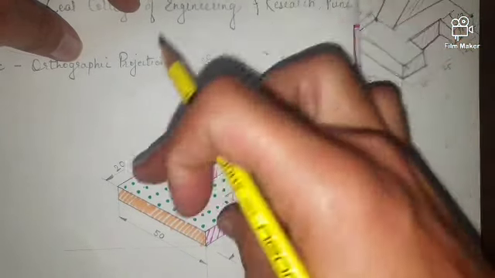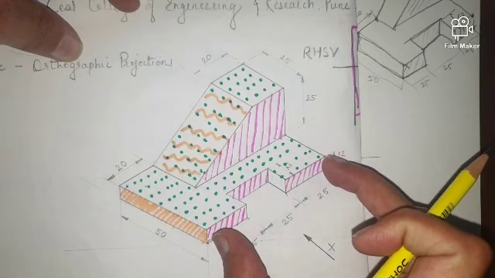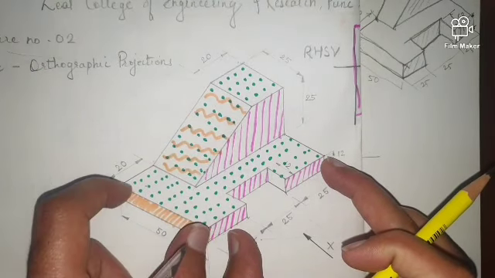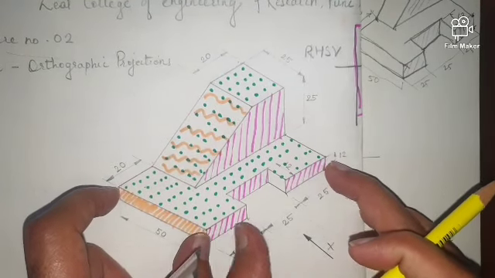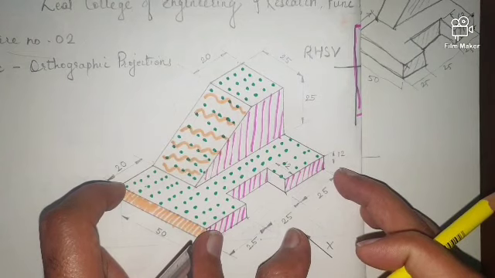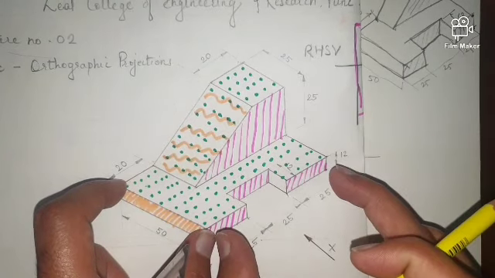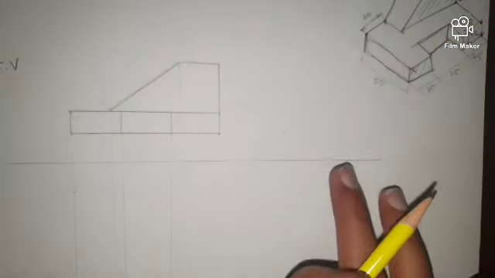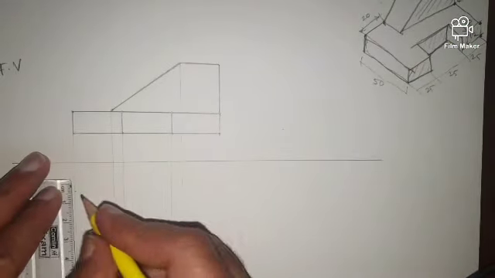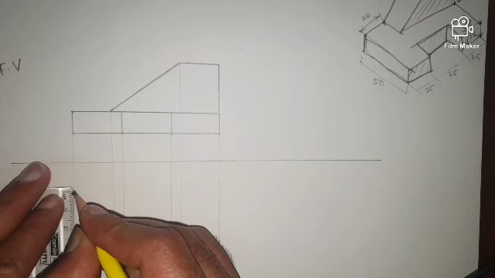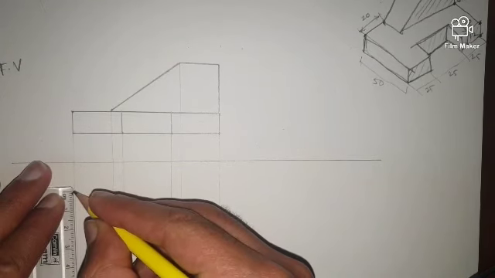The dimension is 50 by 75, right? The total size is 50 by 75. So you'll have to draw a block of 50 right here in the top, right? So 50 by 75. So from this point we'll make 50.